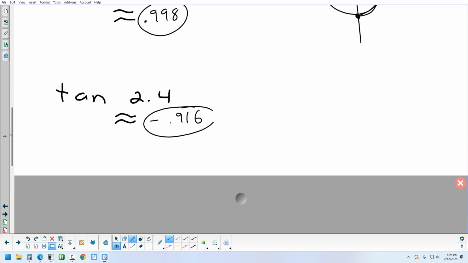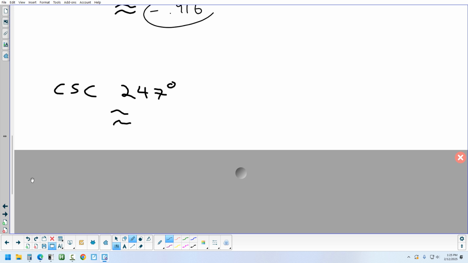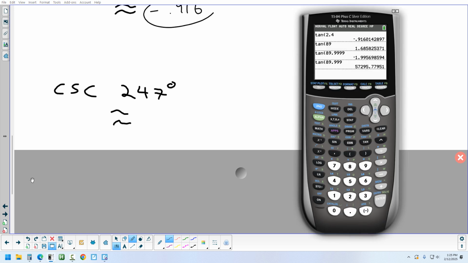Okay. So then how about that one? The cosecant of 247 degrees. What do I need to make sure of first? It's in degrees. Yeah, I already changed back to degrees, so that's good. Now, how am I going to get cosecant?